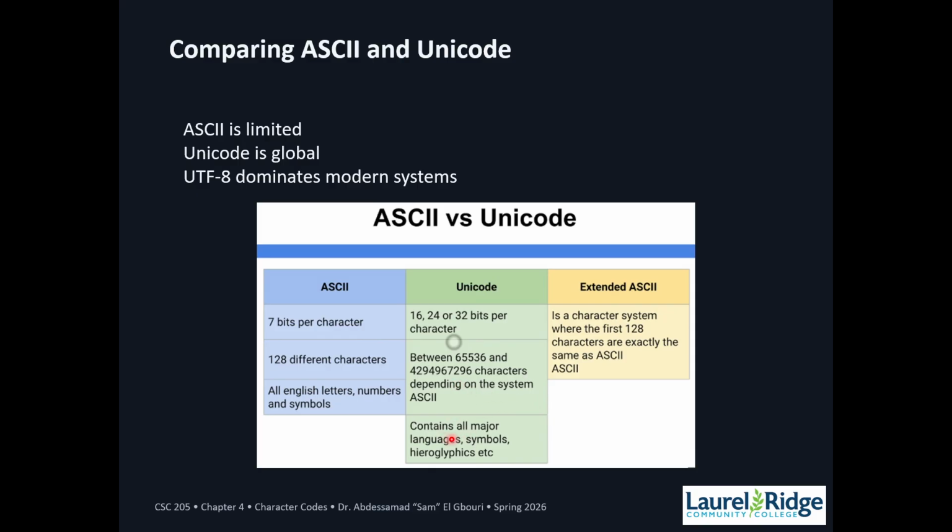It contains all major languages, symbols, and hieroglyphs, etc. Extended ASCII is a character system where the first 128 characters are exactly the same as ASCII. Only the first 128, but because it has 8 bits, it allows more, so the rest are extended characters.